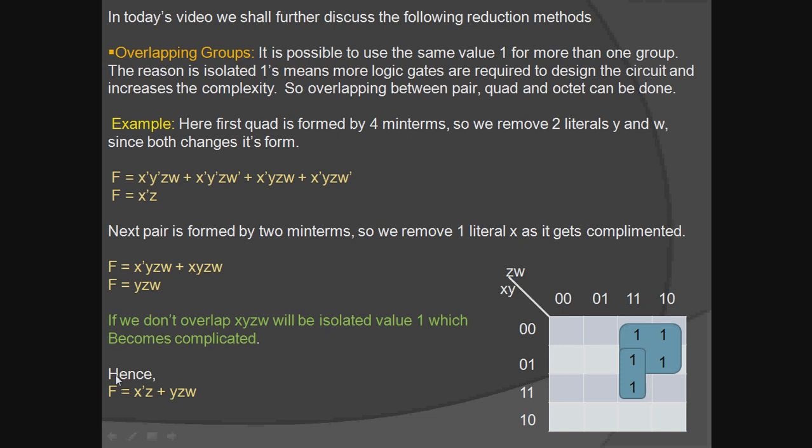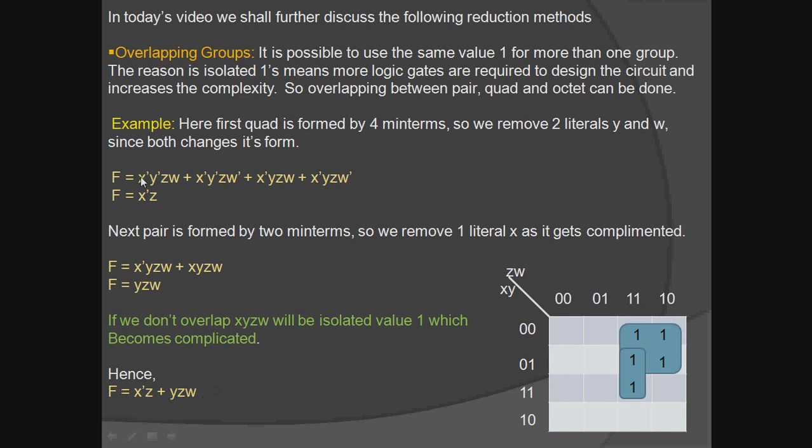Hence we OR these two min terms, the first and the second. That means we OR this min term expression and this min term expression, and then we get x complement z plus y z w. All right, so this is the simplified SOP expression.